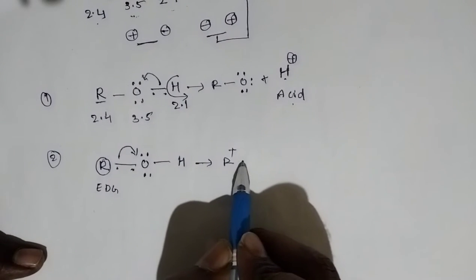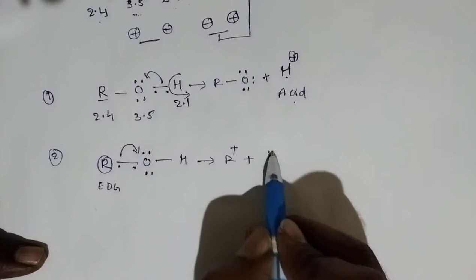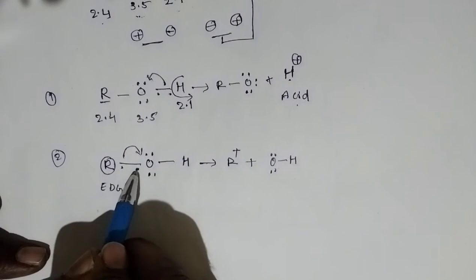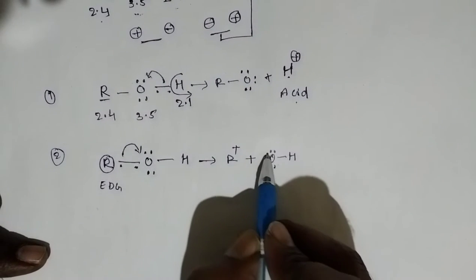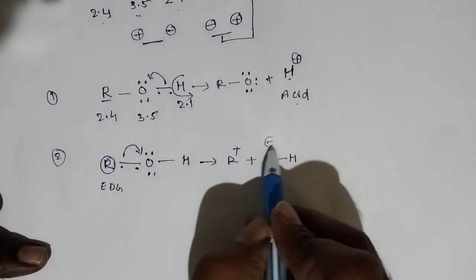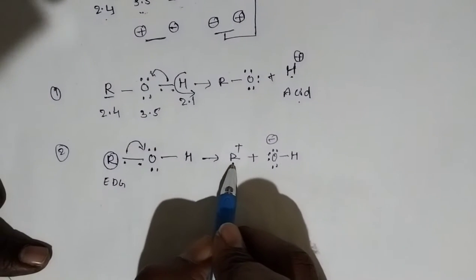Then oxygen, which already has electrons shifted to it, converts into 6 electrons and becomes negatively charged.